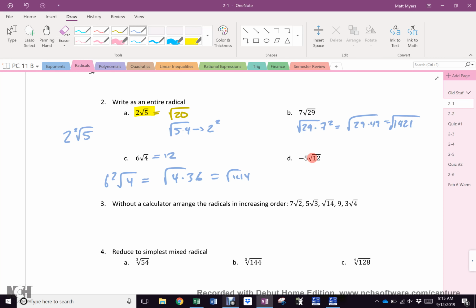The minus isn't part of anything, is it? So what's the answer here? Negative 12 times 25, which is negative root 300. If you bring that negative 5 under there, you're not going to be right.